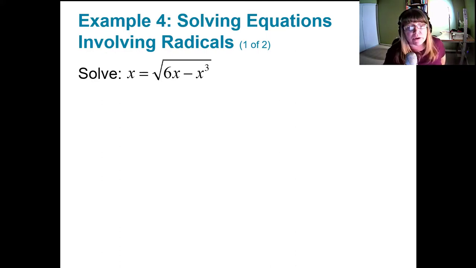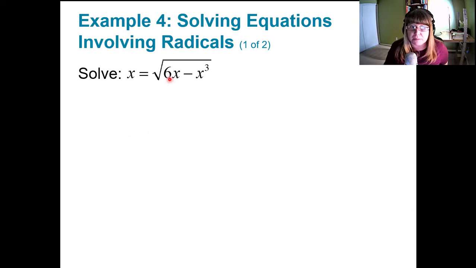Here's our problem. x equals the square root of 6x minus x cubed. Ultimately, I need to get rid of this radical, and to do that, I square the right-hand side. But if I square the right-hand side, I have to also square the left-hand side.